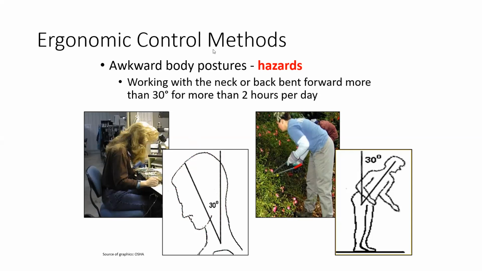As you see here, it is the angle of the body. Working with the neck or back bent forward more than 30 degrees for more than 2 hours per day is a hazard.